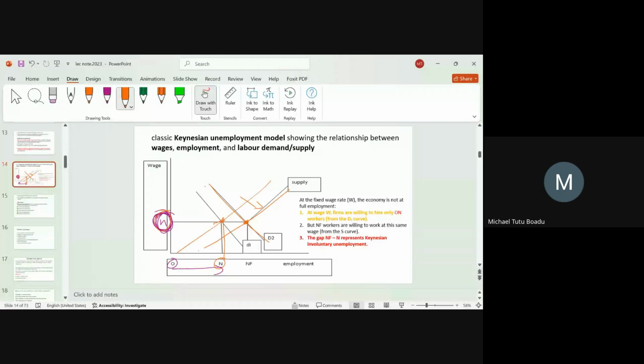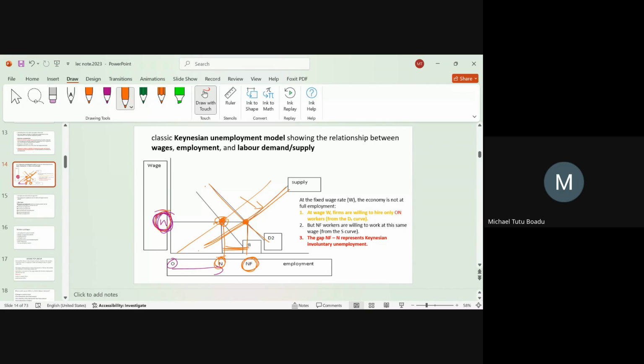Now supply is increasing to this, and that will mean that people are willing to offer more of their hours or more of their time to work. Meanwhile, the firms are willing to employ only N. So there's a gap between the willingness to work and the willingness to employ. The gap between N and NF is what we call the Keynesian involuntary unemployment.